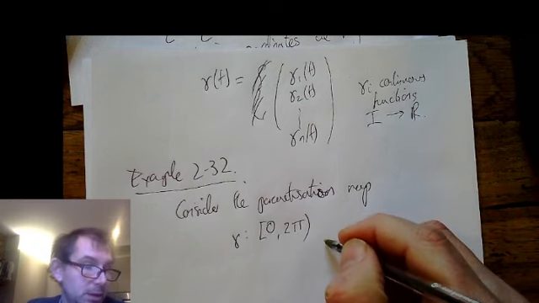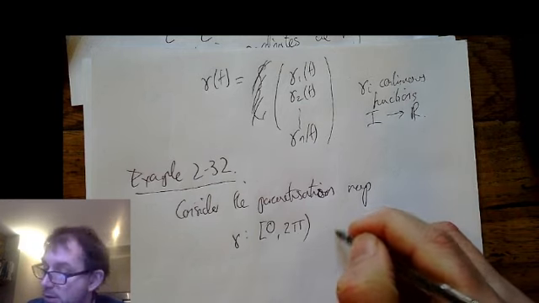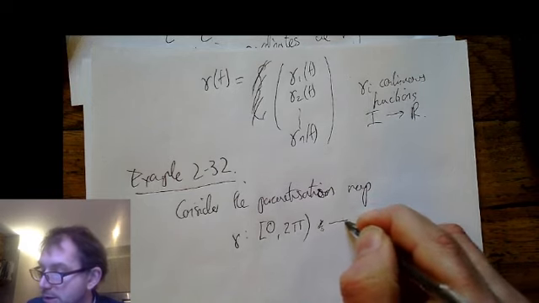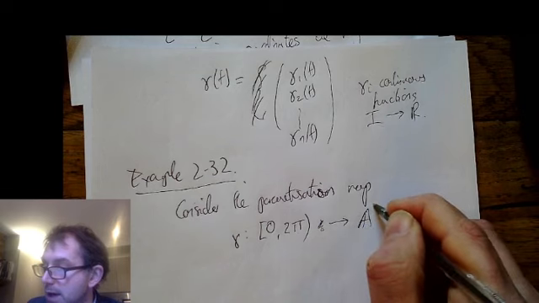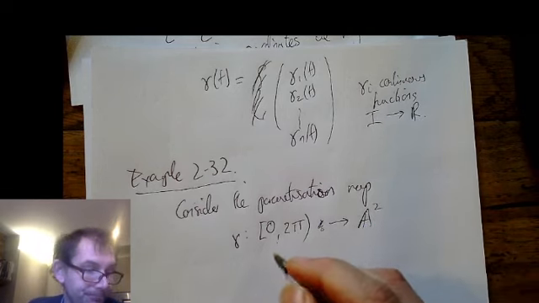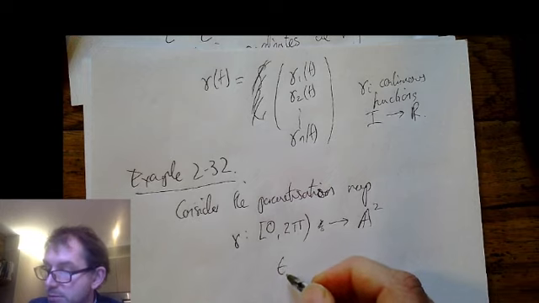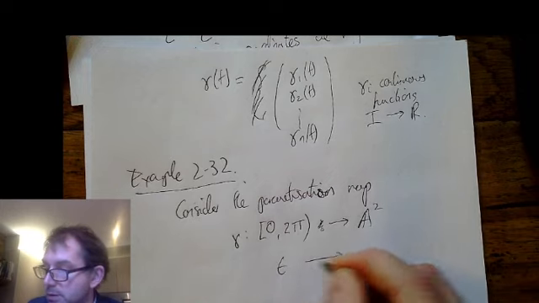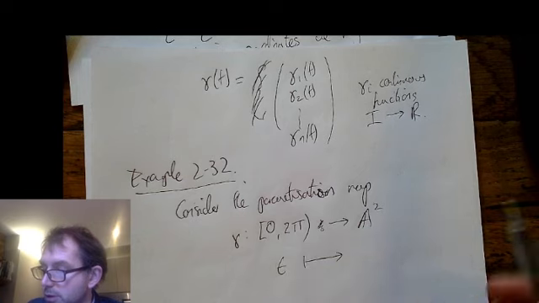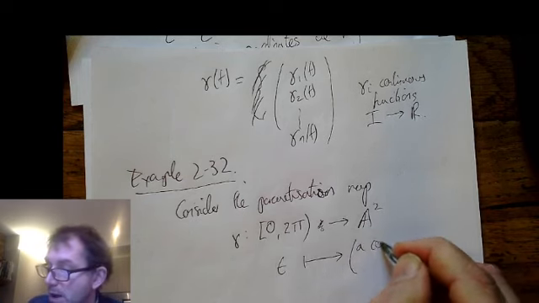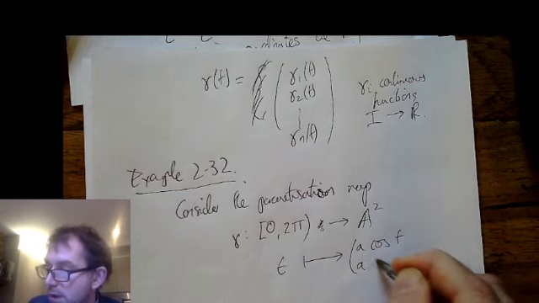It takes that interval into R^2 in this case, where a point at time t is, so the time t is sent to the point (a cos t, a sin t).